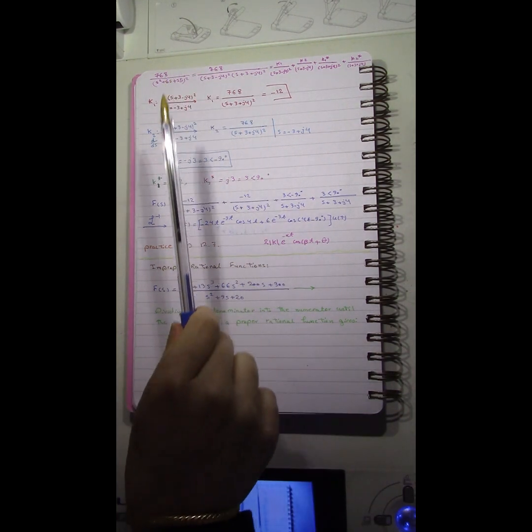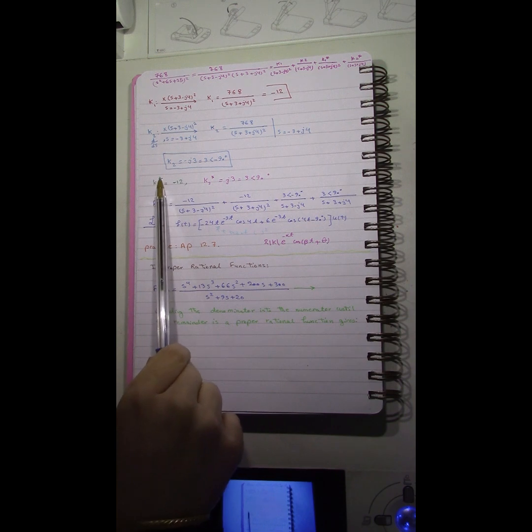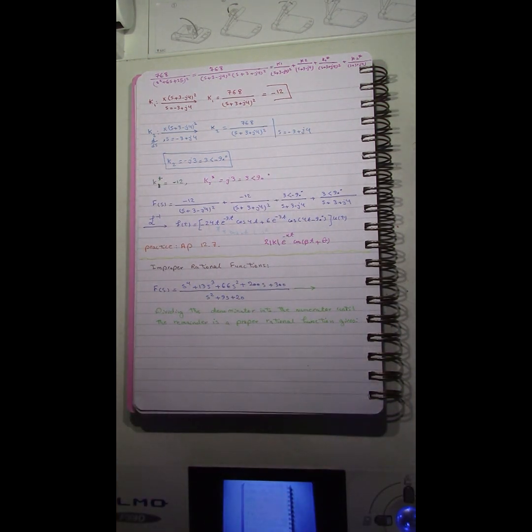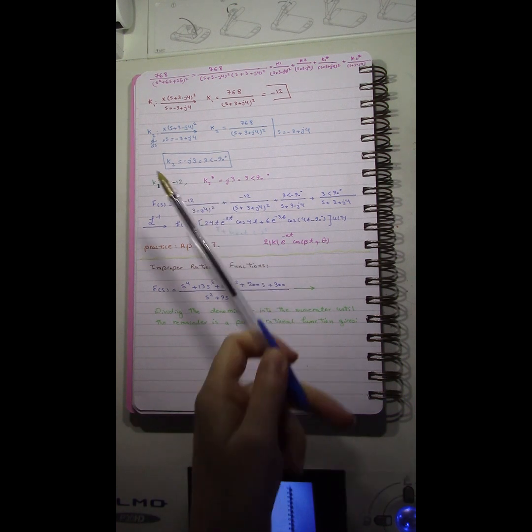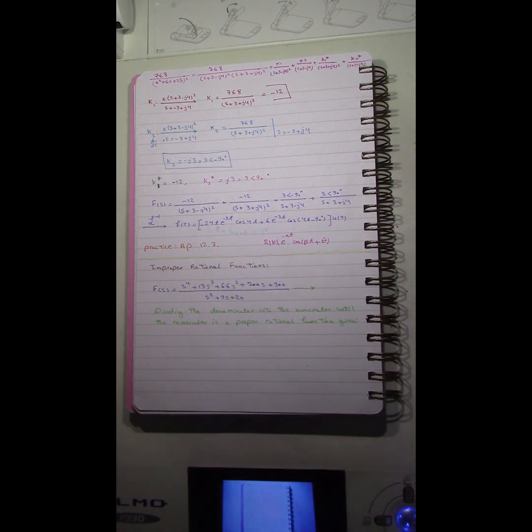So you have K1, you have K2. What is K1 conjugate? K1 is minus 12. What is K1 conjugate? Minus 12. Same, because the imaginary part is 0. Yes. Because we don't have the imaginary part, we have the same value, minus 12. How about K2 conjugate? Positive j3. If it was already negative, then it becomes positive j3.